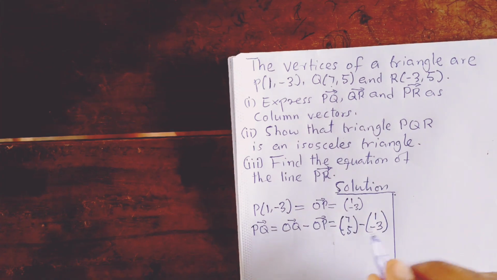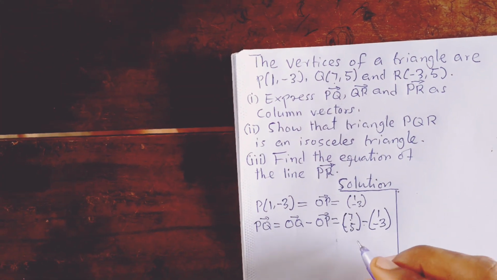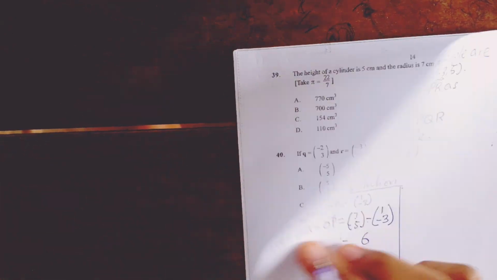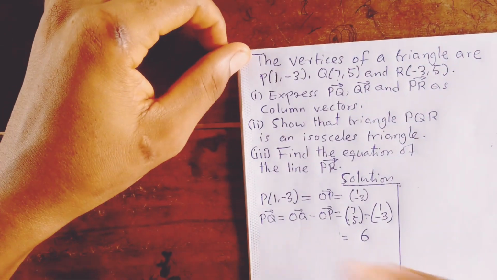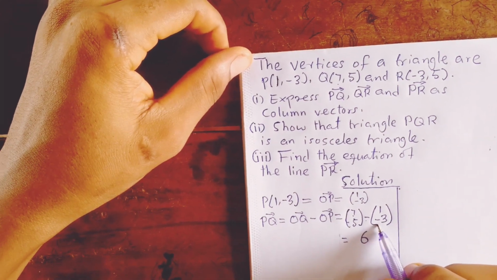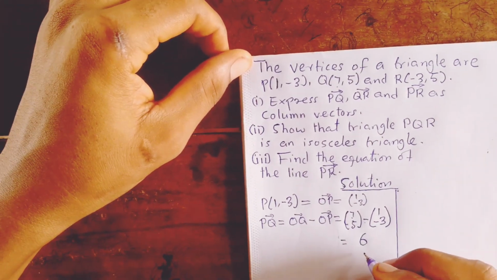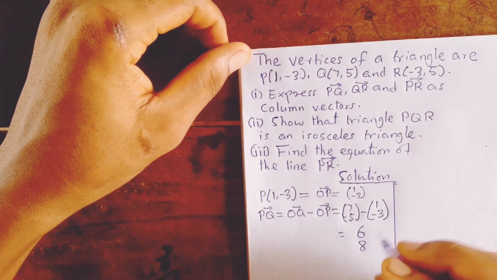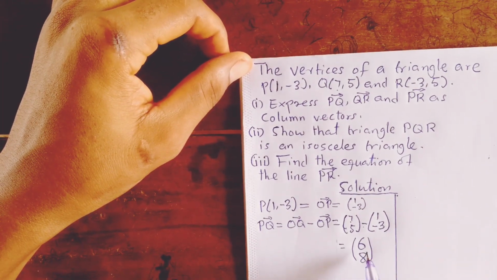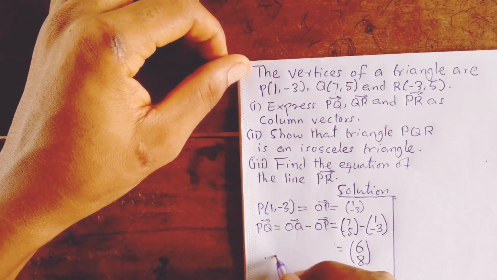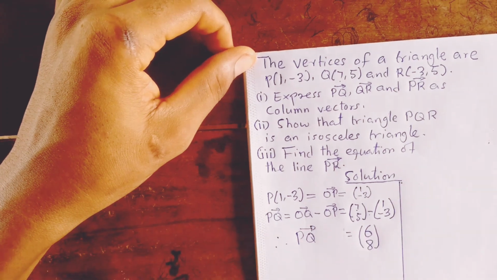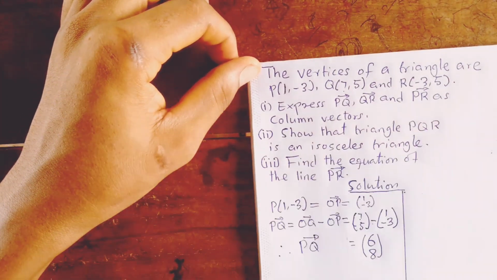So 7 minus 1 will give me 6, and then 5 minus -3 will give me 8. So it means that PQ as a column vector is (6, 8). So therefore, vector PQ is equal to (6, 8). That is the first one.